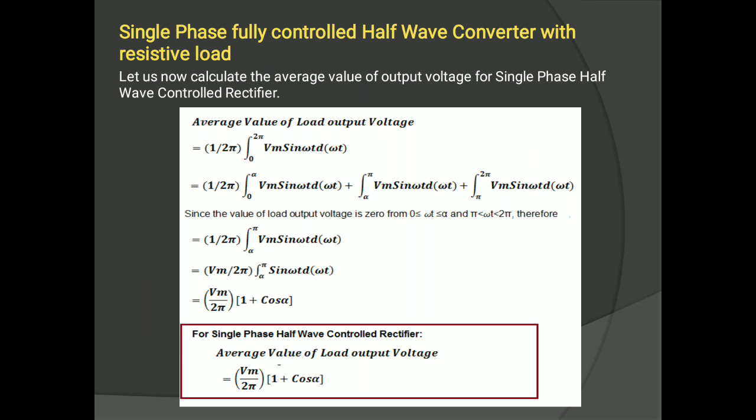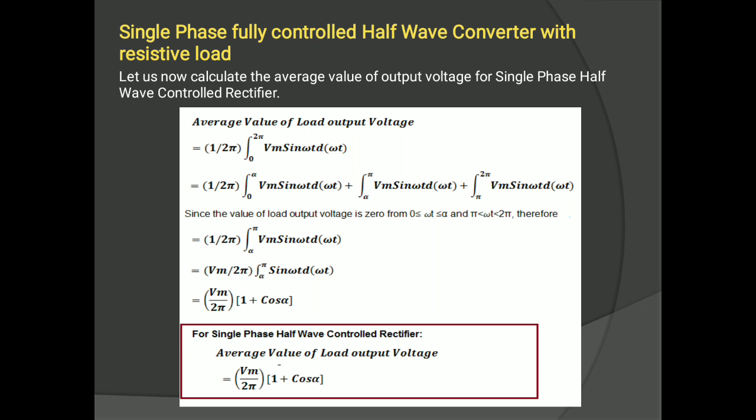Now we calculate the average value of output voltage. The average value of load output voltage equals 1 by 2 pi integration 0 to 2 pi Vm sin omega t d omega t. Since the value of load voltage is 0 from 0 to alpha and pi to 2 pi, we can write 1 by 2 pi integration alpha to pi Vm sin omega t d omega t.